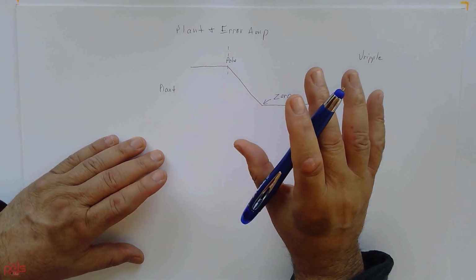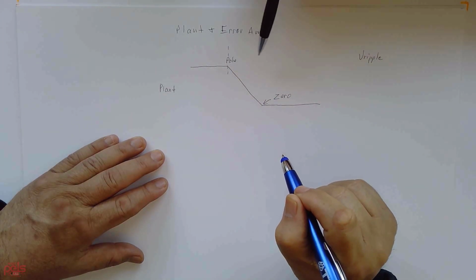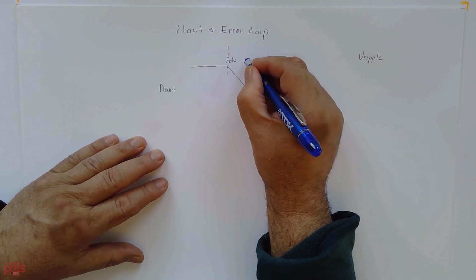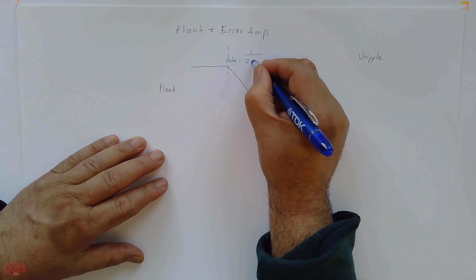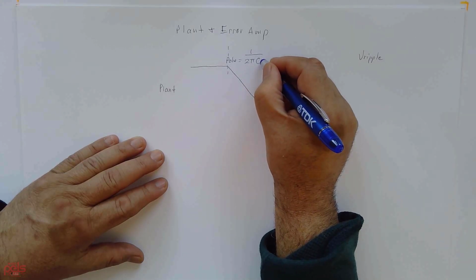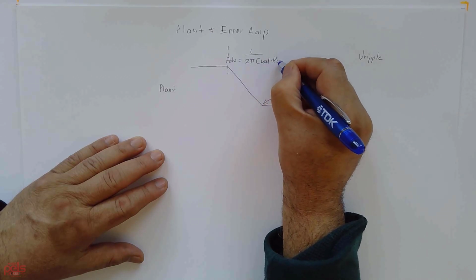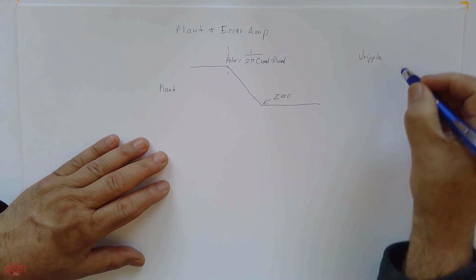How is the ripple related to this? Well, remember, it's the pole: 2 pi C load R load.